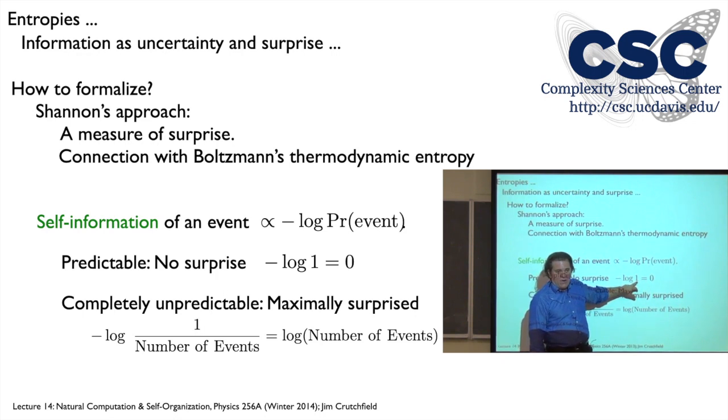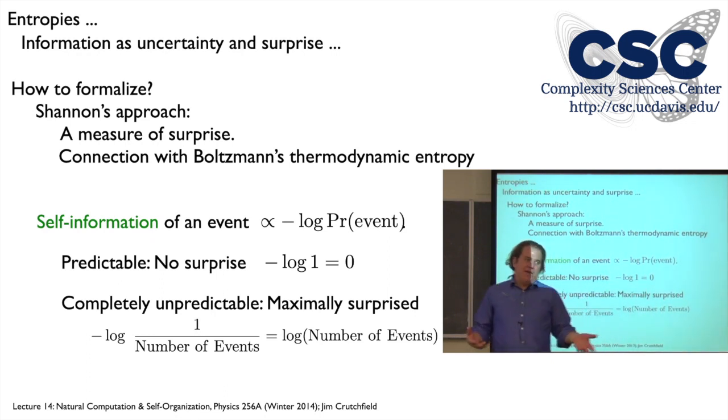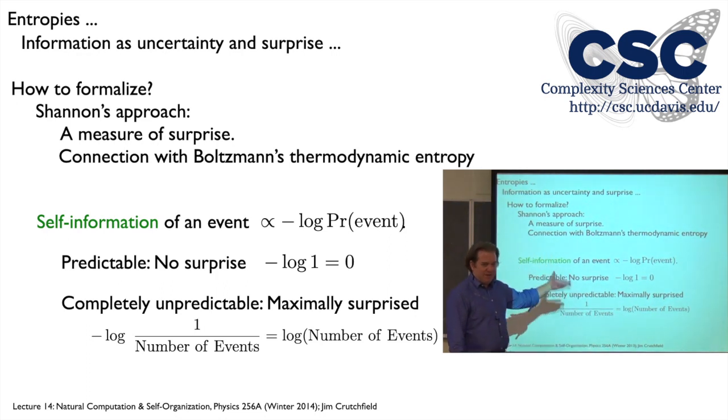I would have guessed that, or I would have looked at the forecast online, and when I woke up this morning, not been even remotely surprised. So that event had very high probability. Notice that his proposed functional form, minus logarithm of 1, well, that's 0. So I'm not surprised. At least it kind of works in that case. When the event is very predictable, I'm not surprised, and his measure is 0.